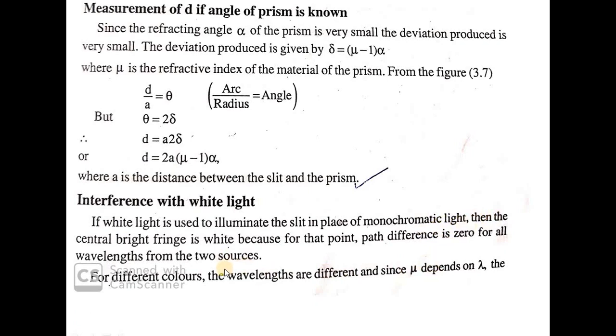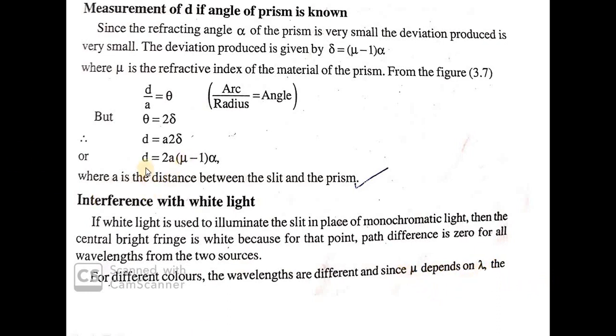For all other points other than the central point, what happens? Since it is not a monochromatic source but a white source, it will emanate different rays of different wavelength. And the refractive index mu depends upon lambda. When lambda changes, mu changes.